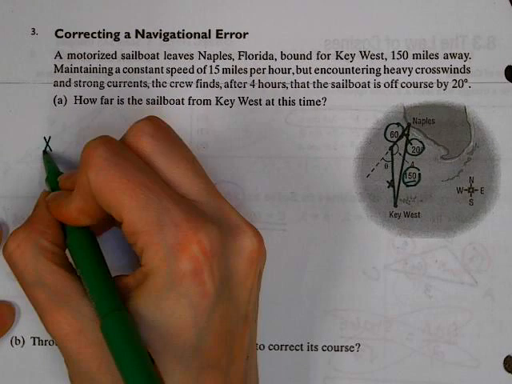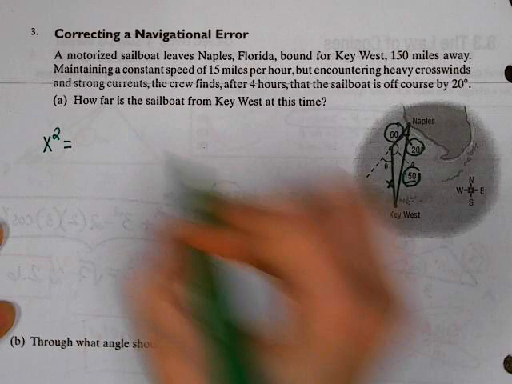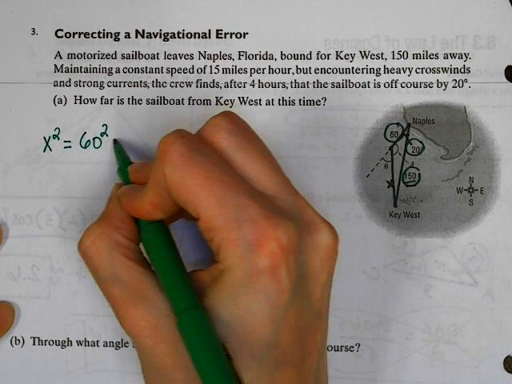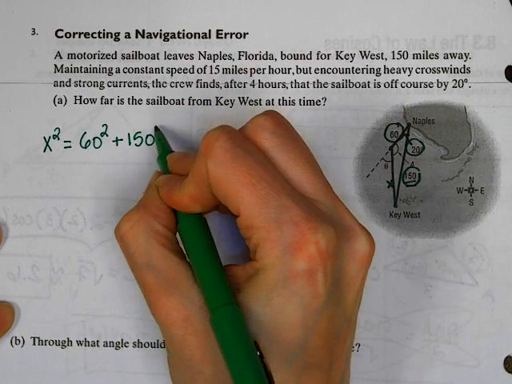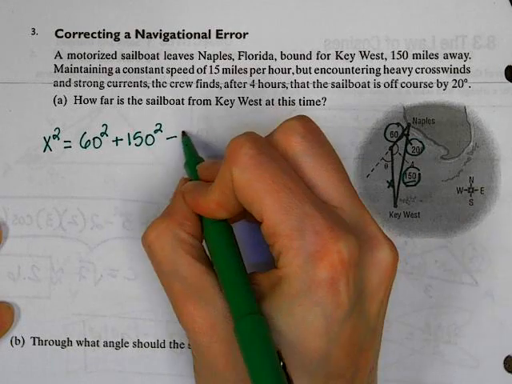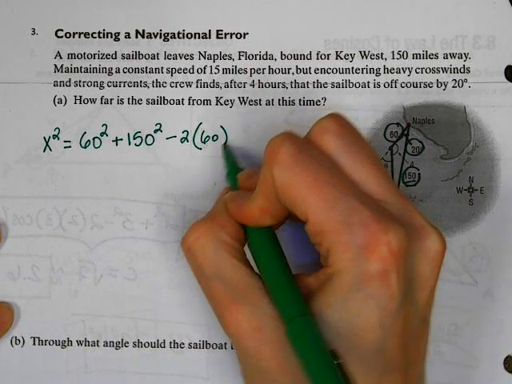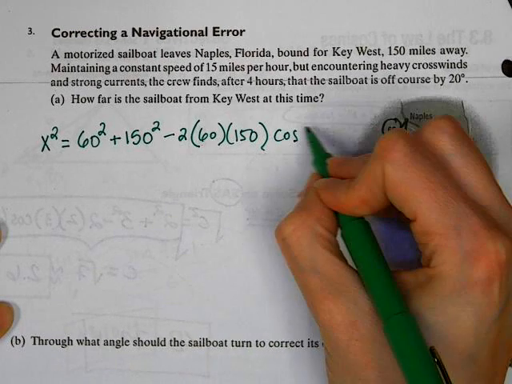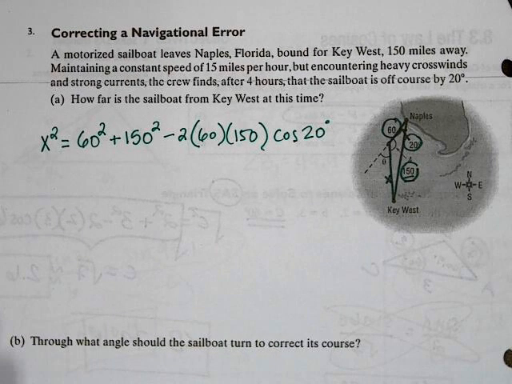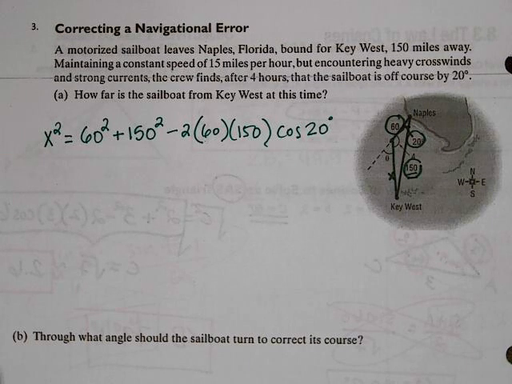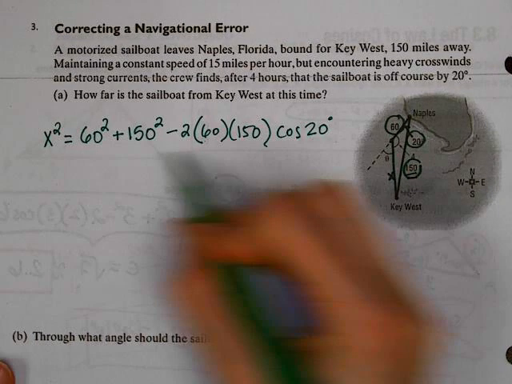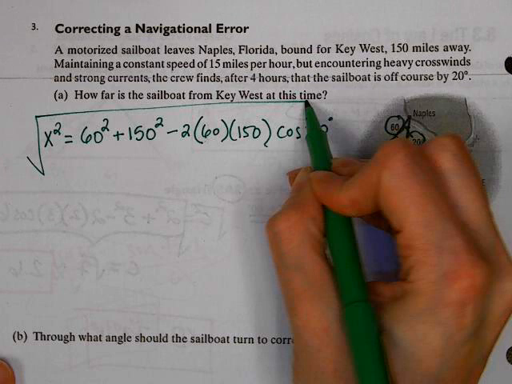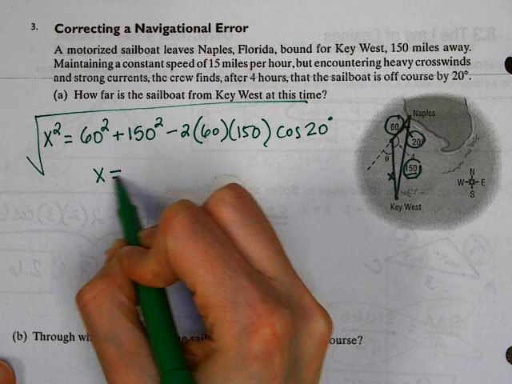So x squared is going to be equal to 60 squared plus 150 squared minus 2 times 60 times 150 times cosine of 20. So go ahead and just type this in the calculator and square root it, and we'll be able to get x.